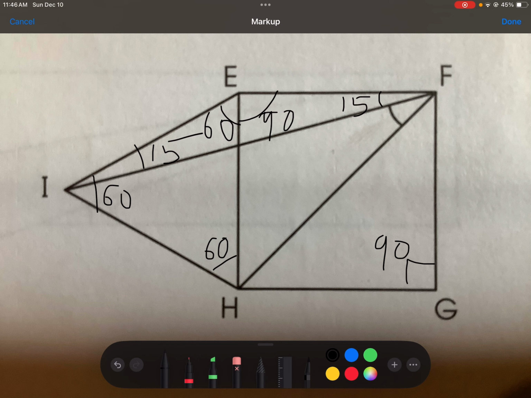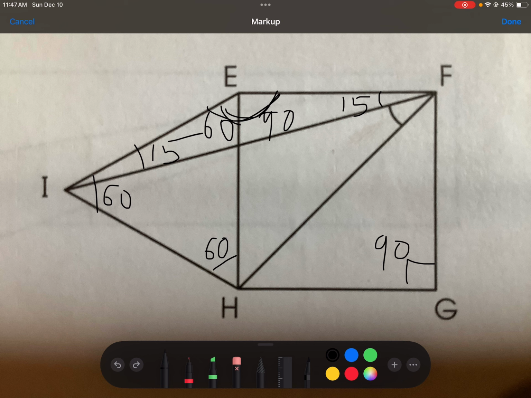And the total of all the angles is 180 degrees. So 180 degrees minus 150 degrees, again this, is 30 degrees. And these two angles, this one and this one, are the same. So just divide that by 2 and it gives you both of the angles, 15 and 15.